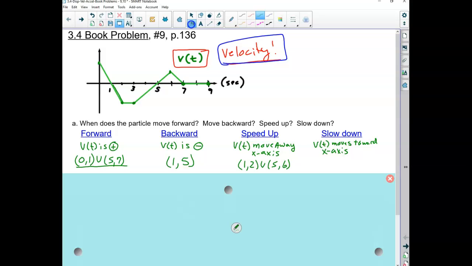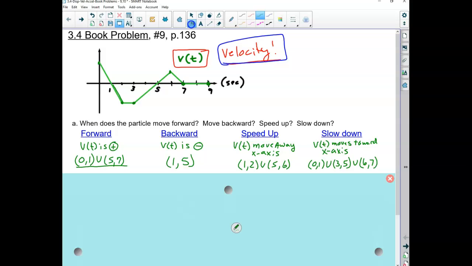That's why it's speeding up, slowing down. So I'm moving towards it from 0 to 1. I'm also moving toward the x-axis from 3 to 5. And I am also moving toward the x-axis from 6 to 7.